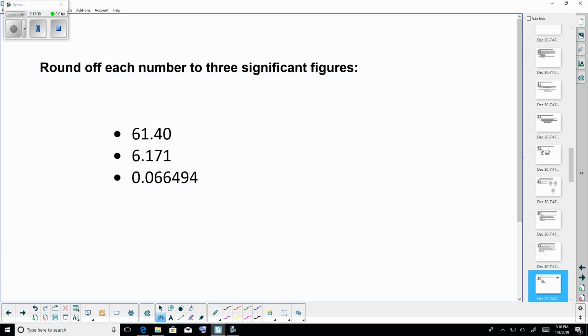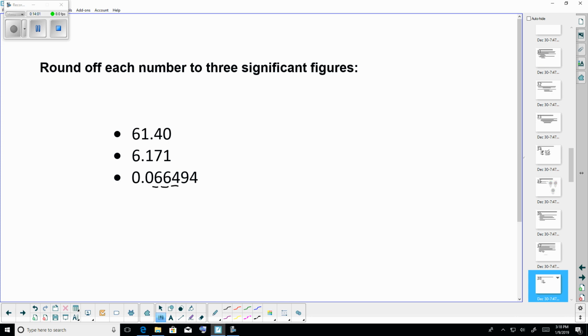0.066494. Three significant figures. Is this significant? This? No. Leading zeros are never, ever, ever, never significant. If they're in the front, you ignore them. So this is significant, the first 6, the second 6.